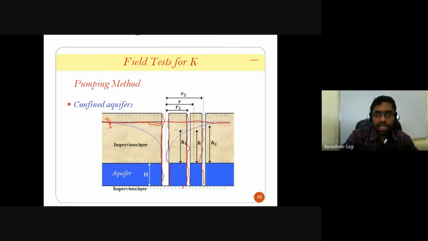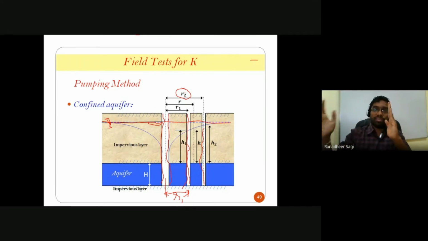From the center of the borehole that you made, let's say at a radial distance R1, I have the center of observation well 1. R1 here indicates the radial distance at which the center of observation well 1 is existing. And R2, this is that R2 I am talking about, is the radial distance from the center of your borehole at which the center of your second observation well is existing.